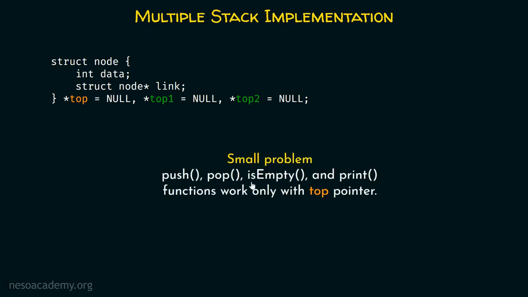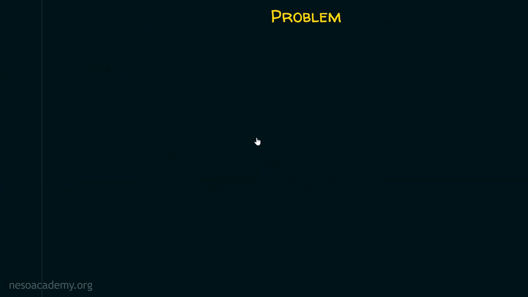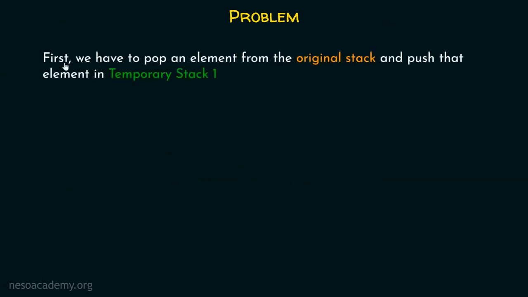Actually, push, pop, is empty, and print functions work only with top pointer. We already know this, that push function, pop function, is empty function, and print function will always receive this top pointer and will never receive top 1 and top 2 pointers. Why is that so? The actual problem is, first we have to pop an element from the original stack and then we have to push that element in temporary stack 1.